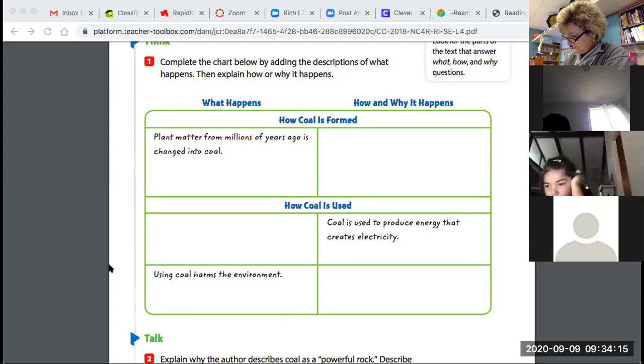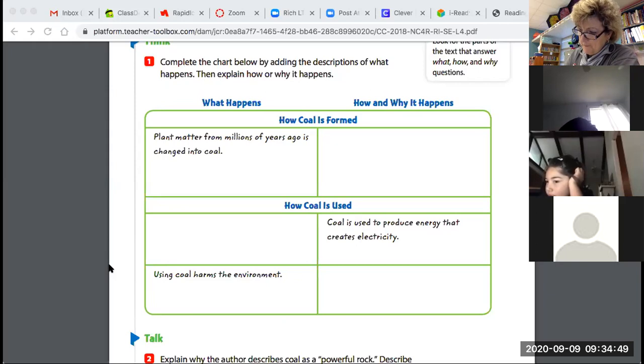How? It's crushed. What happens after it's crushed? It's crushed and then what? What does your text say? It's crushed into fine powder. Then what?